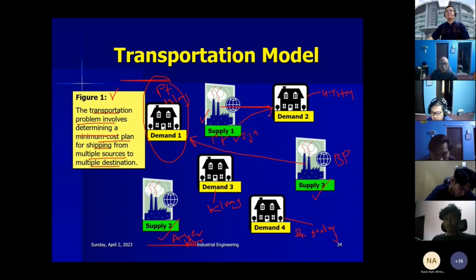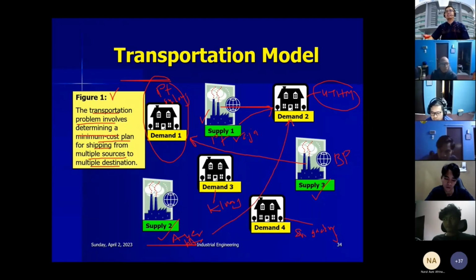If there is a lack of stock, we can supply from our second nearest. Which one is the second nearest to UTSM, Air Hitam or Batu Pahat? Air Hitam, yes, correct.